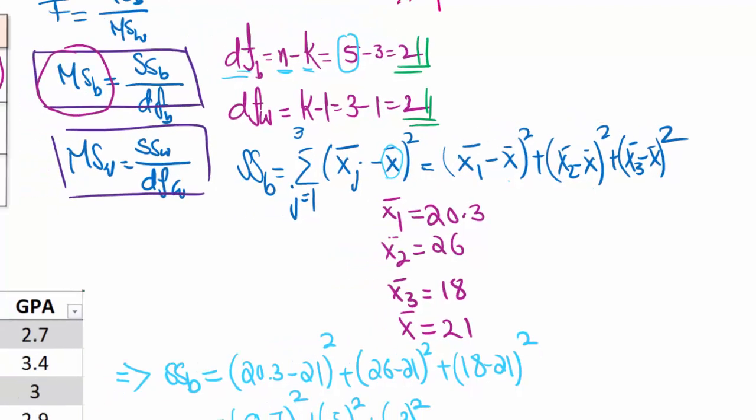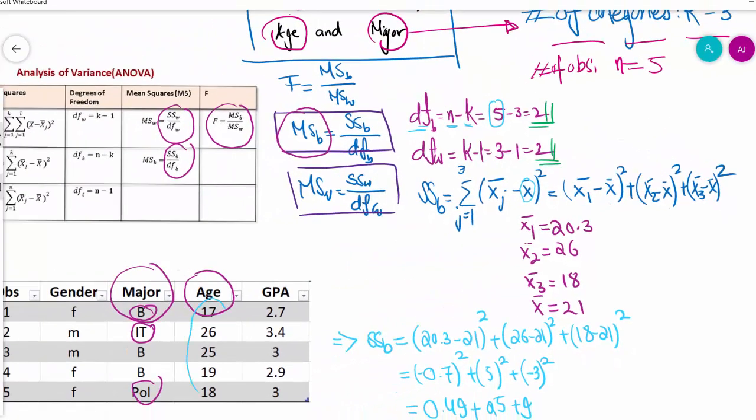Therefore I need the total grand average. I just calculate the average age of all 5 students. The average age among business students, that's the average of 17, 25, and 19, is 20.3. The average age x2 bar, the average age among IT students, since we have only one IT student, is 26.